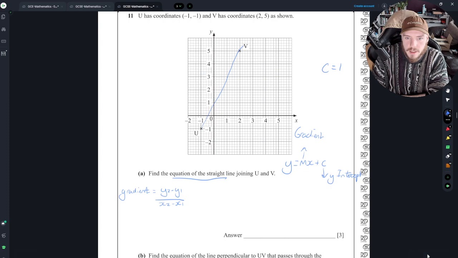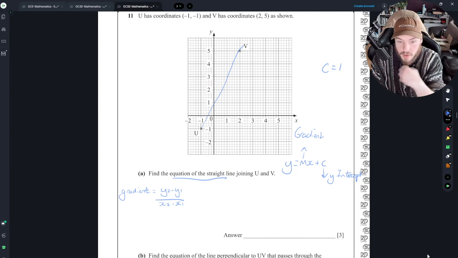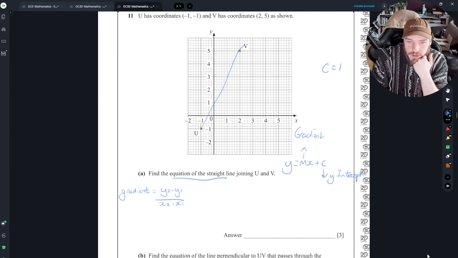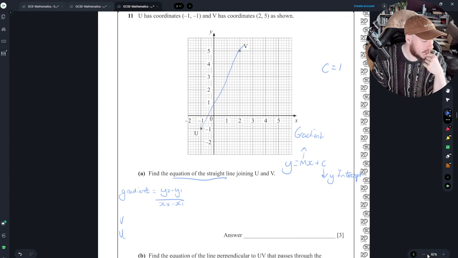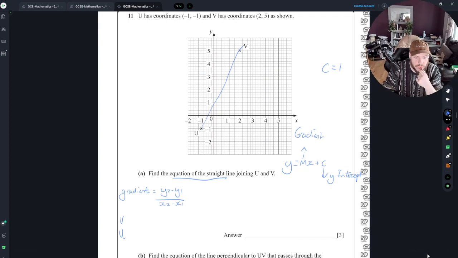So it's the difference in the height divided by the difference in the width. It's essentially your rise over run, but this is the general equation that we would use for straight line graphs. So I'm going to write my points here, V and U. I'll give my U a wee flick, just so I know the difference.